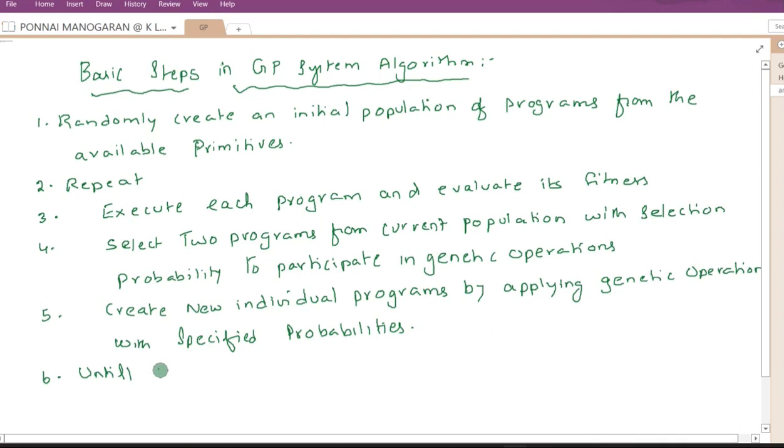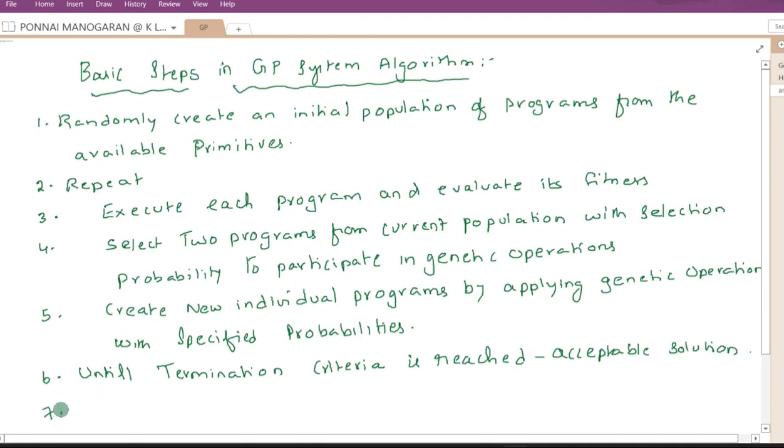Here the termination criteria means when we get an acceptable solution, which is found out with the help of fitness values. Once you get an acceptable solution, that is the meaning here. So when the termination criteria is reached, you can come out of the loop.